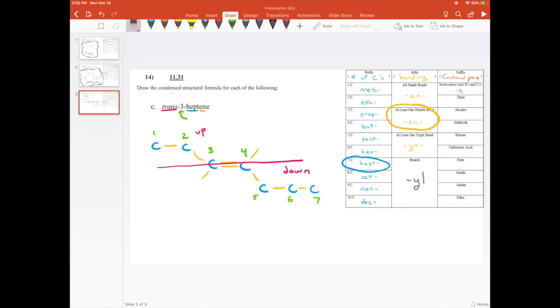So that is the skeleton for trans-3-heptene. Because the suffix is an E, we know that it's going to be a hydrocarbon, so we just have to fill the other bonds in with hydrogens, and we know that each carbon needs 4 bonds, so we'll just fill these in with hydrogens at the end.